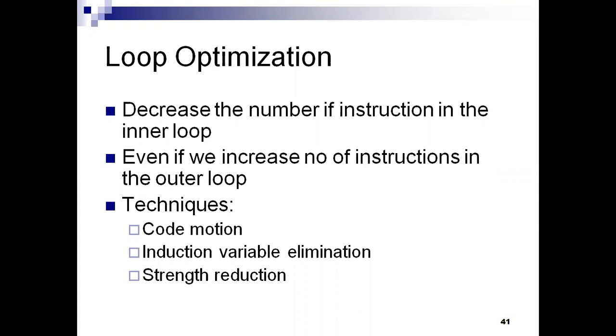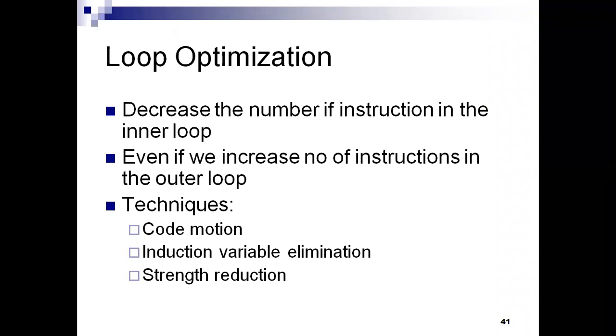Even if we increase the number of instructions in the outer loop, that is fine. In the program we have an inner loop and an outer loop section. When you decrease the number of instructions in the inner loop, they should be placed outside of the loop. So we are increasing the number of instructions in the outer loop by decreasing the number of instructions in the inner loop.